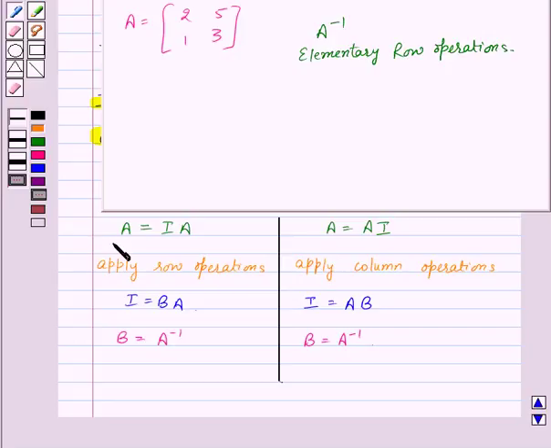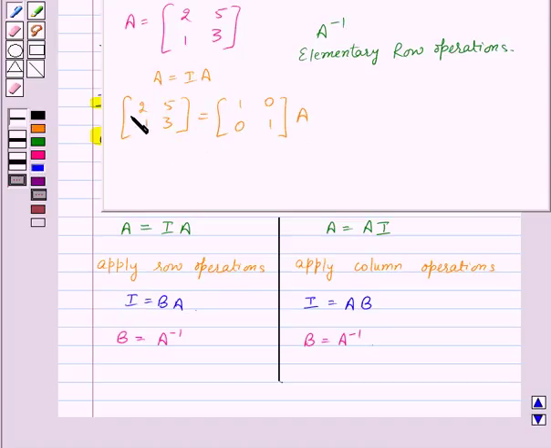So we will write it in the form A equal to I into A. So we will get the matrix A equal to identity matrix, that is 1 0 0 1 into matrix A. Now we will apply elementary row operations on this so as to get identity matrix on left hand side.